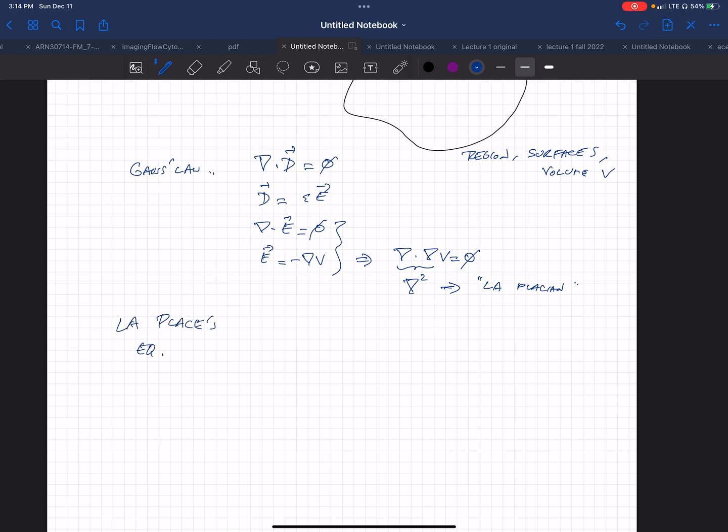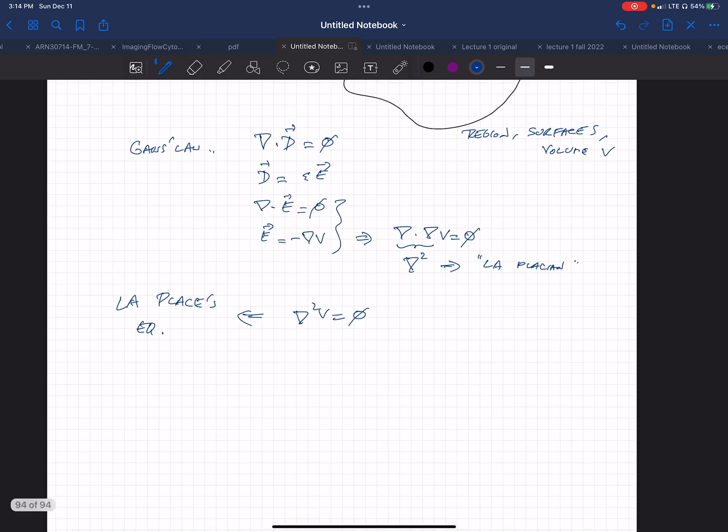Laplace's equation is just del squared of V is equal to zero. In rectangular coordinates only, this Laplacian is equal to the double partial derivative in all directions.